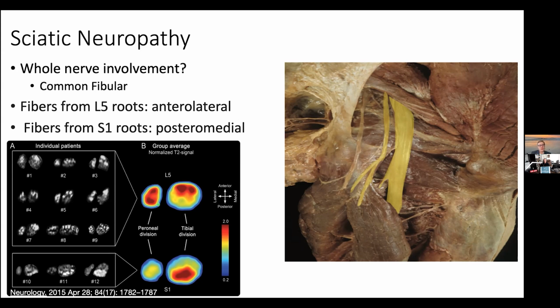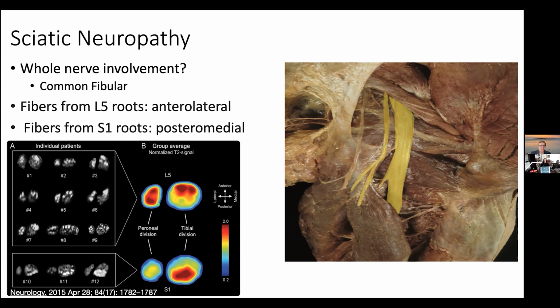So, when we're thinking about radiculopathies versus peripheral neuropathies, and specifically this sciatic neuropathy, thinking about the positioning of those nerve roots can really help make sense of how the neuropathy might be manifesting. If the entire sciatic is compromised, you could expect to see paresthesias or paresis really down the entire posterior of the extremity.